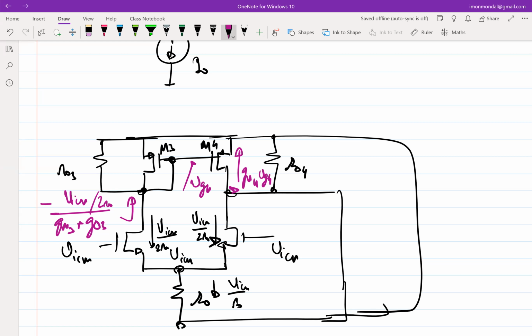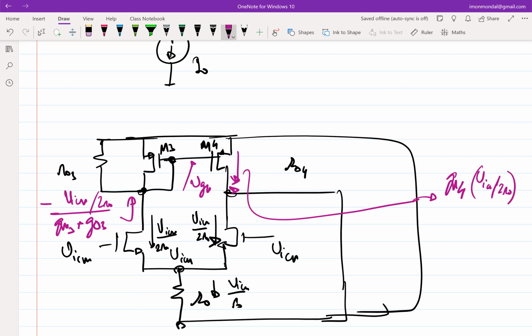Now what is VG4? The one that we just derived on the left hand side, right? And that is negative, which means the current will be flowing downwards. This current will be GM4 times this VICM by 2 R0 by GM4 plus G04, right?